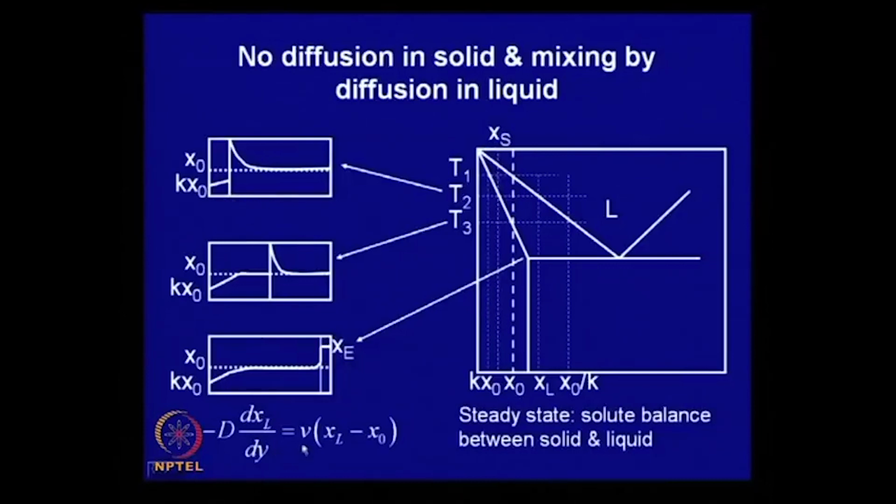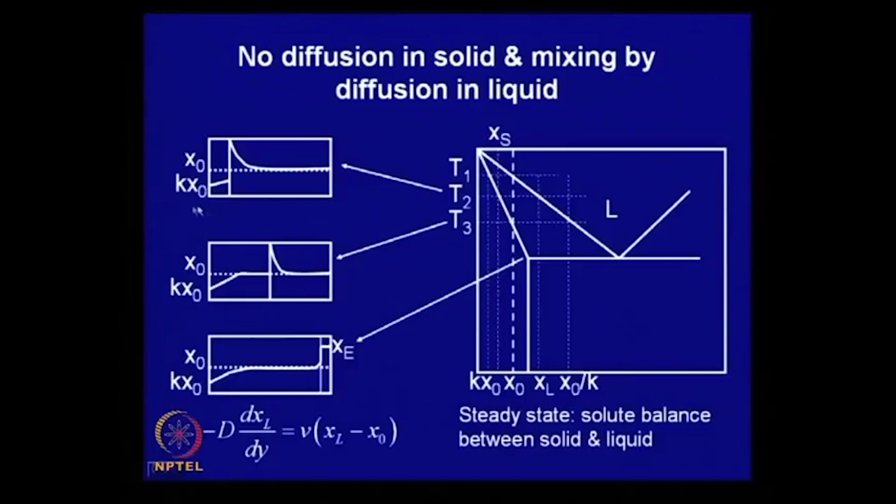So, in unit time the amount of solute transfer will be v times (x_L minus x_0). Therefore, some amount of that solute has to move through the liquid, and let us say a concentration gradient is set up in the liquid.